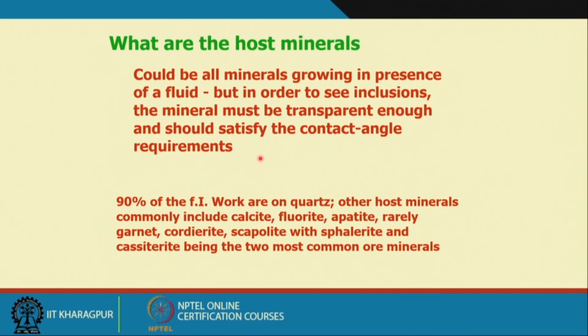Only it is our capability to see the inclusions under the microscope in which kind of light, because we know that there are sulfide minerals or oxide minerals, ore minerals, which are opaque to normal visible range of the light, whereas the silicate minerals like quartz or carbonate like calcite or fluorite, apatite kind of gangue minerals, sometimes they are even observable in many other gangue minerals, but the majority of the fluid inclusion work is actually on quartz, which is a ubiquitous host in many of the ore deposits, in oxide and sulfide deposits as we see them.